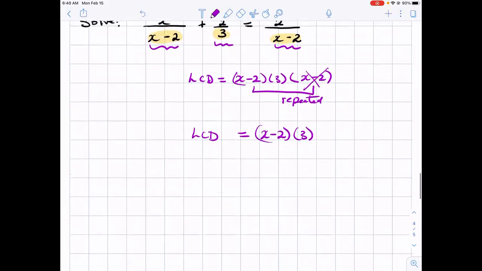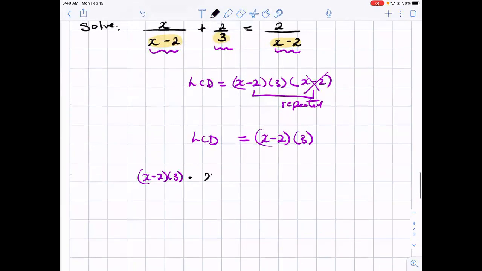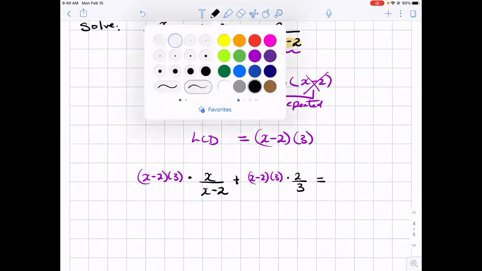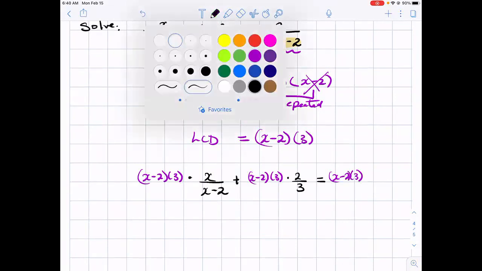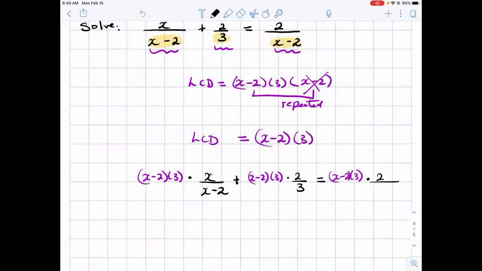So I'm going to multiply each term by x minus 2 times 3. So I'm going to multiply the first term, which is x over x minus 2, plus I'm going to take the x minus 2 times 3, I'm going to multiply times 2 over 3, equal, I'm going to multiply the x minus 2 times 3, and I'm going to multiply 2 over x minus 2.